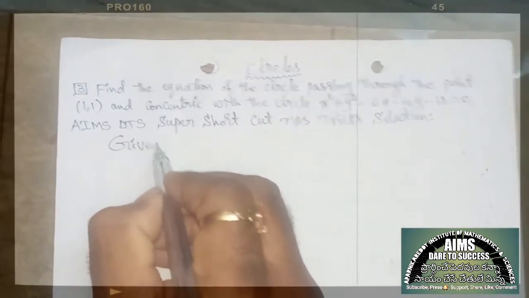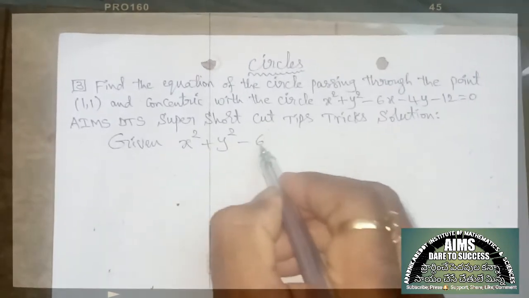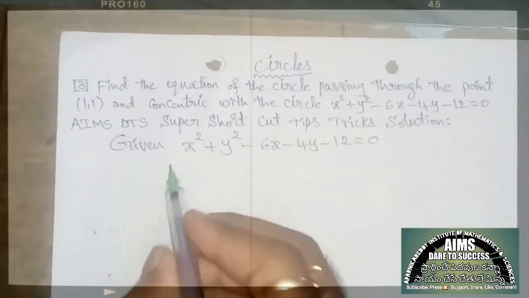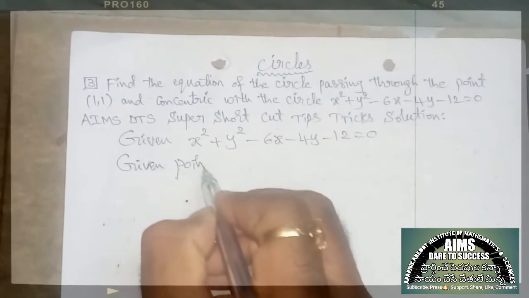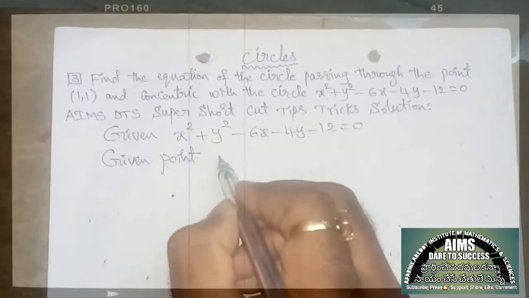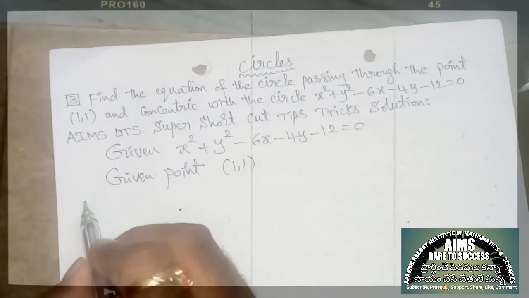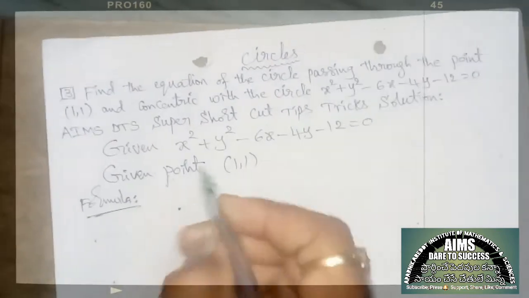Now I wanted to write the given circle. Circle is x square plus y square minus 6x minus 4y minus 12 is equal to 0, and I am writing the given point. Given point is 1 comma 1. So now I wanted to write a formula. What is the formula? We wanted to find the concentric circle.